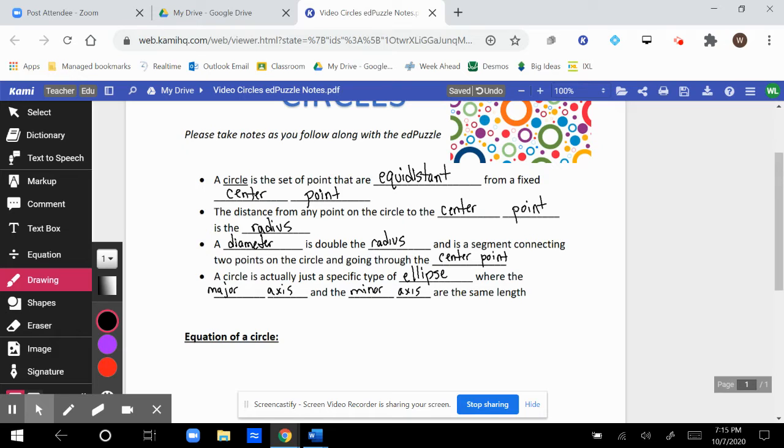It was either a horizontal ellipse, because your major axis was horizontal, your minor was vertical, or vice versa, and it was a vertical ellipse, meaning the ellipse was taller than it is long, or the major axis was vertical. Now, the major and minor axis are the same length, so you can't really call one the major axis or one the minor axis. And it's not vertical or horizontal because it's equal in both of those directions.